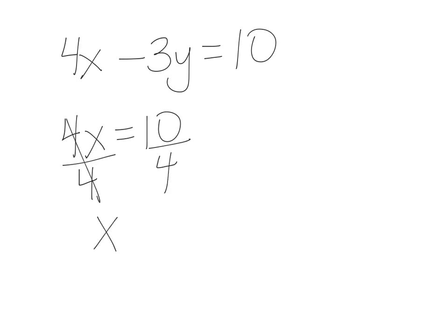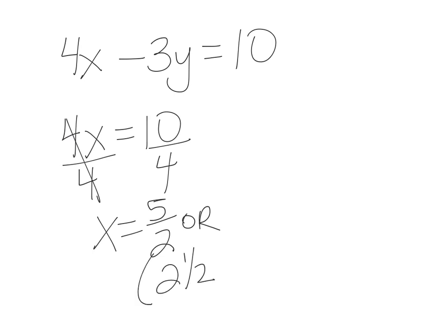And then you would get x is equal to 10 over 4, which reduces to 5 over 2, or let's make it a mixed number so that we know where that is on the graph. 5 over 2 is 2.5. So the x-intercept would be (2.5, 0). Suppose I'm trying to find the y-intercept. Remember, I'm putting 0 in for x here. Well, 4 times 0 is 0, so that goes away.